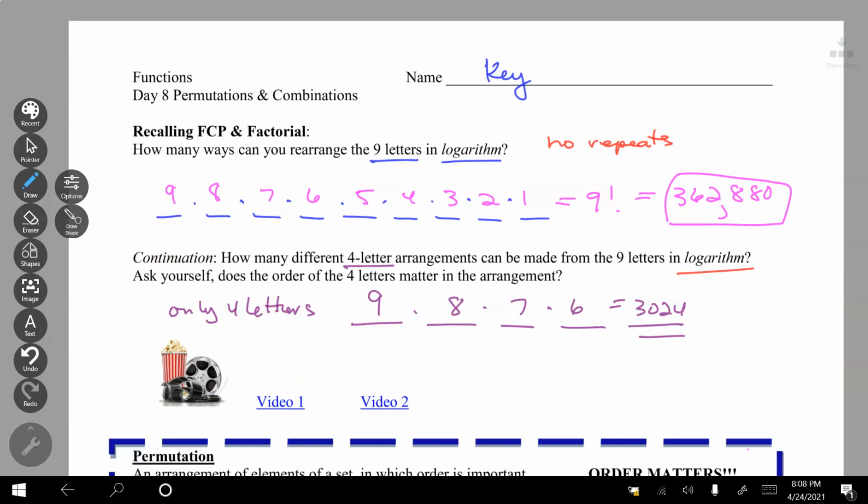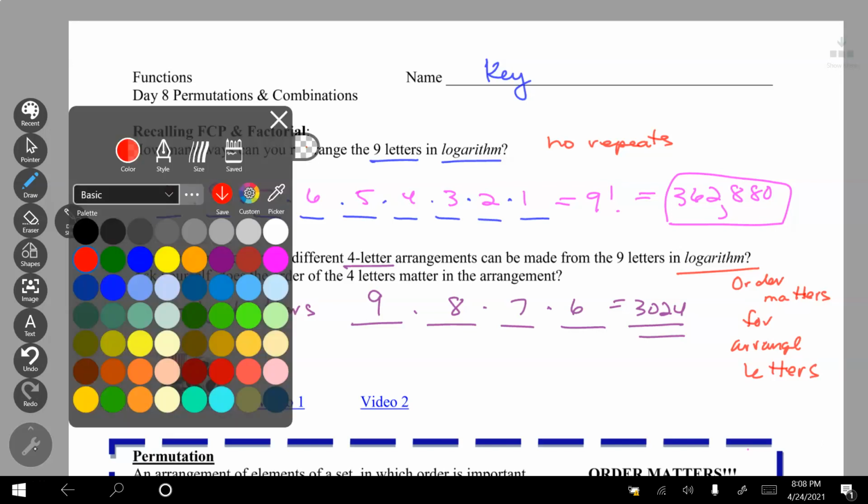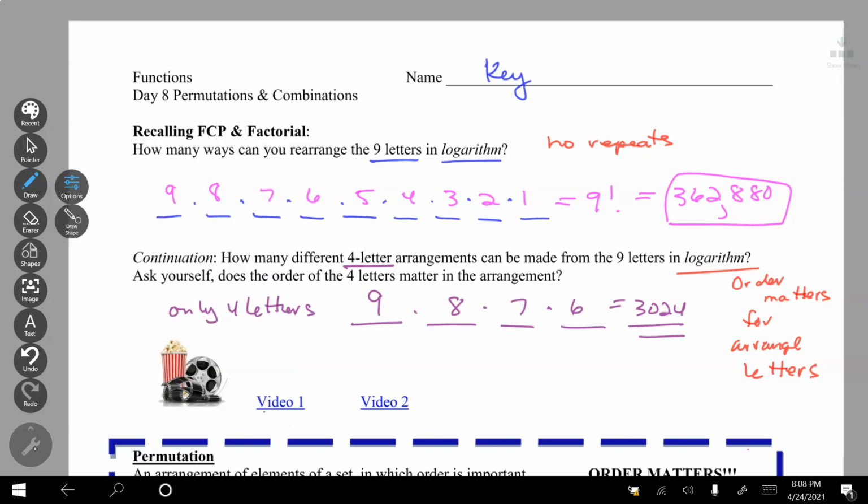Now, when we rearrange letters, order matters when we arrange letters, because a different arrangement is a different word, even though not everything is going to be a word. Now on this page, there's a link to 2 videos. Video 1 is the better video.